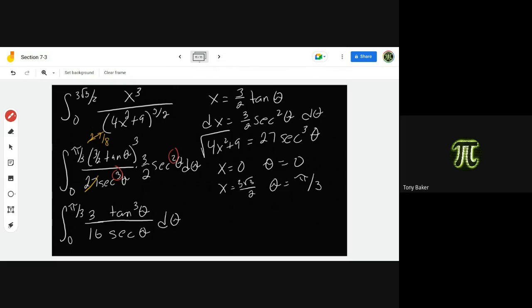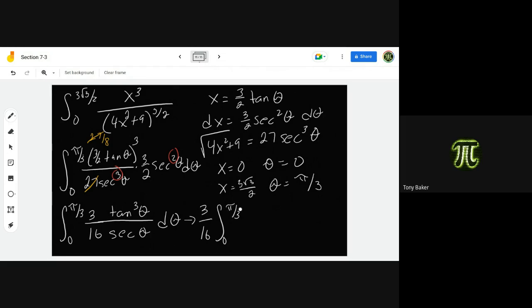All right, so now let's change our secants and tans into sines and cosines. So we have 3/16 we can pull out in front, so I don't have to worry about that part.